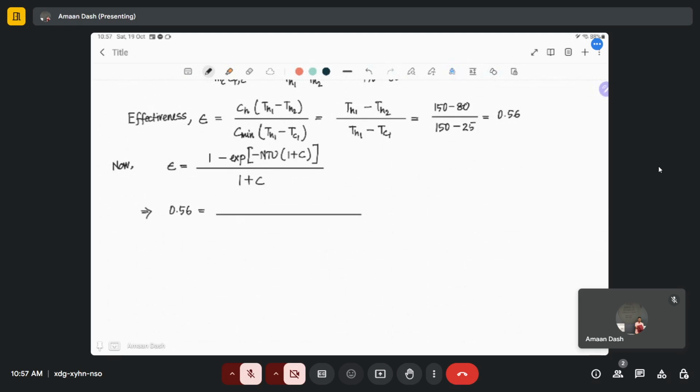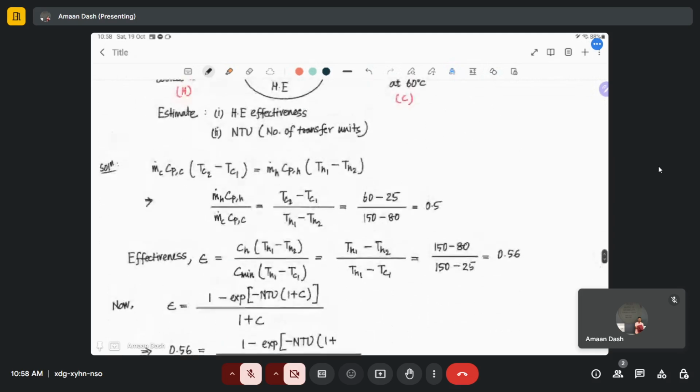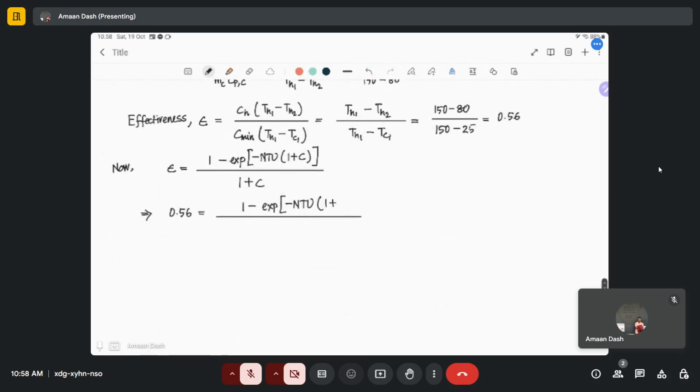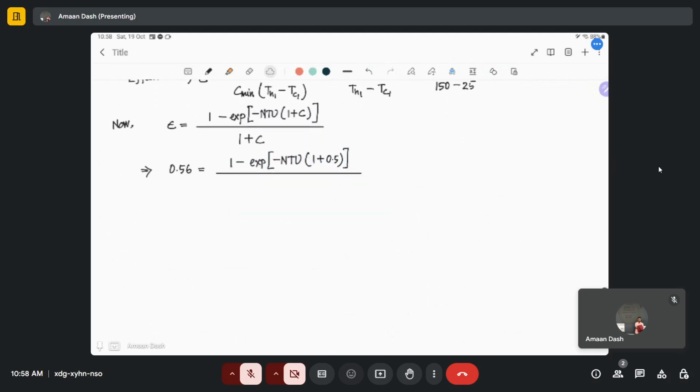And this is equal to 1 minus exponential of minus NTU times 1 plus C, divided by 1 plus C. Now what is C? The capacity ratio is nothing but this one, that is 0.5. And this divided by 1 plus 0.5.